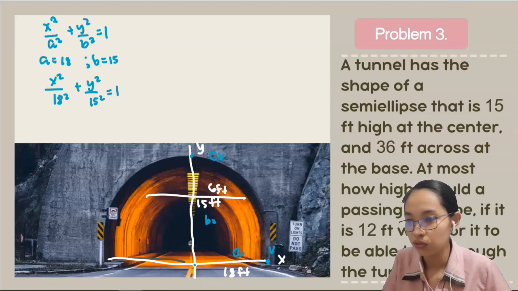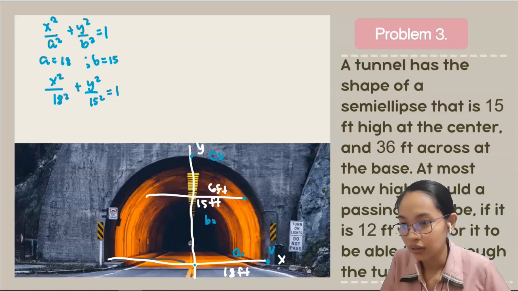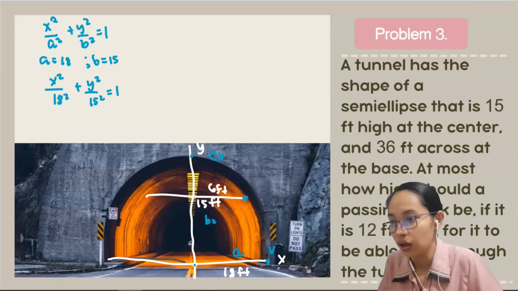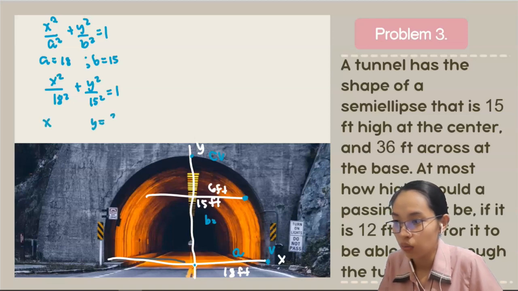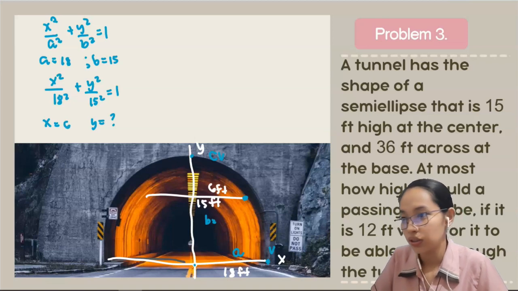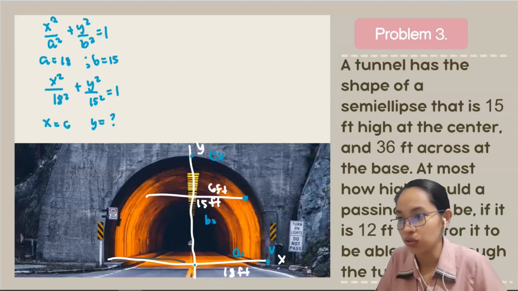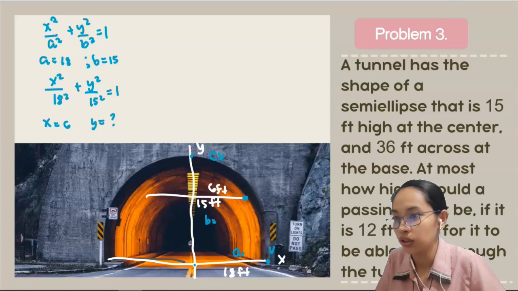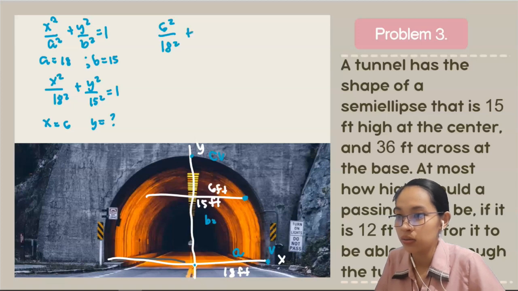Now, what if kukunin natin yung height when the horizontal movement here is 6 feet, which means that what is the value of y when x is equal to 6 feet. So we can make use of this equation. So we substitute the value of x, 6 squared all over 18 squared plus y squared.